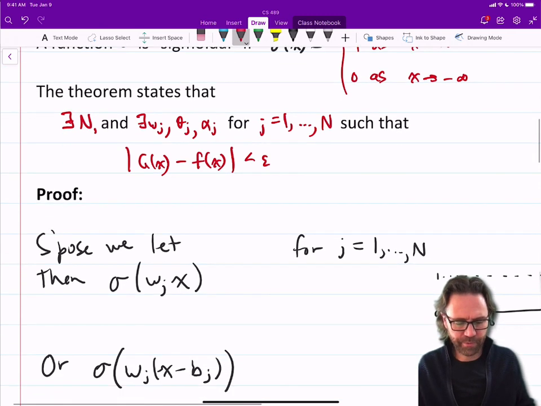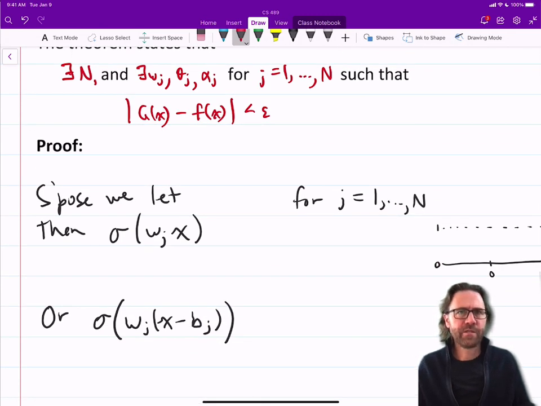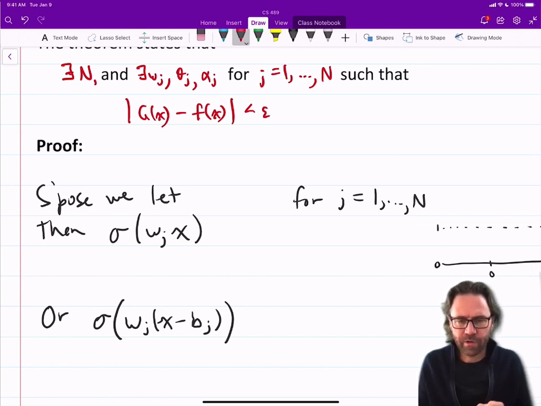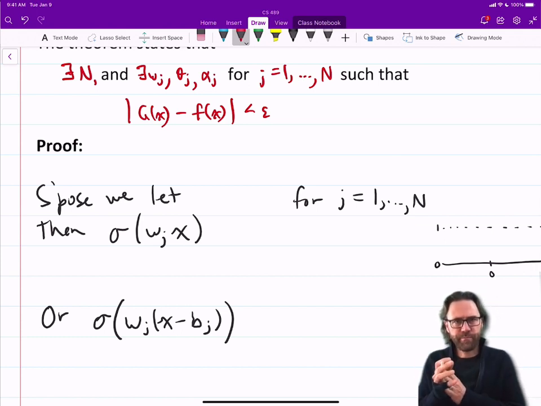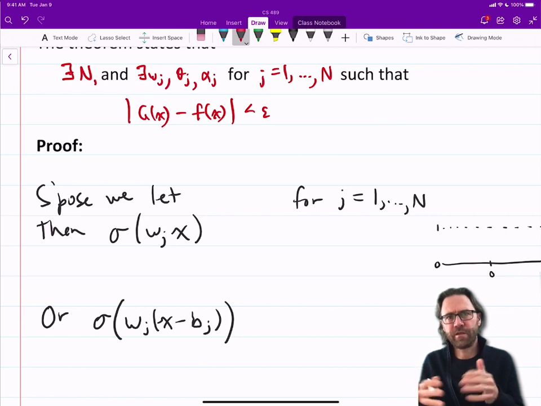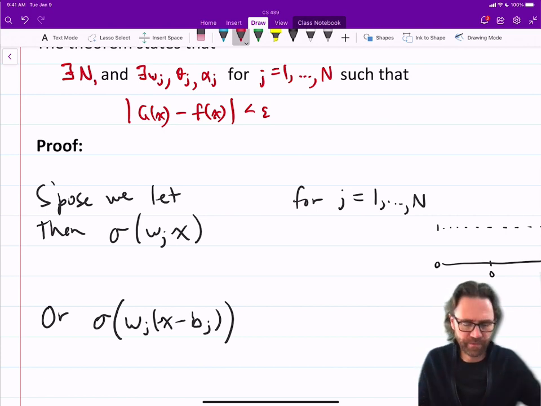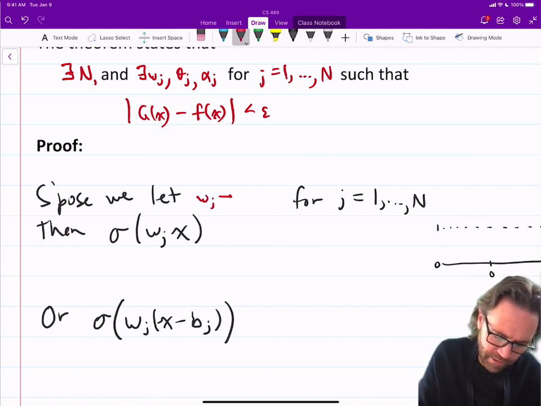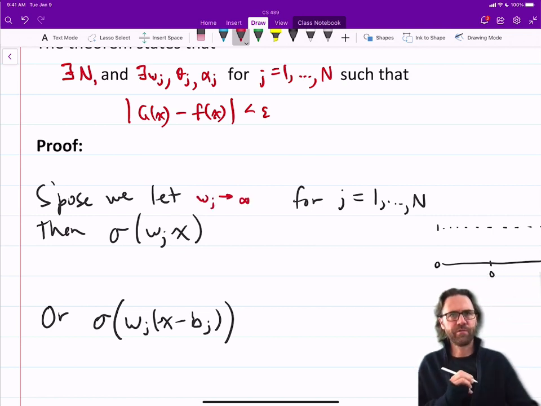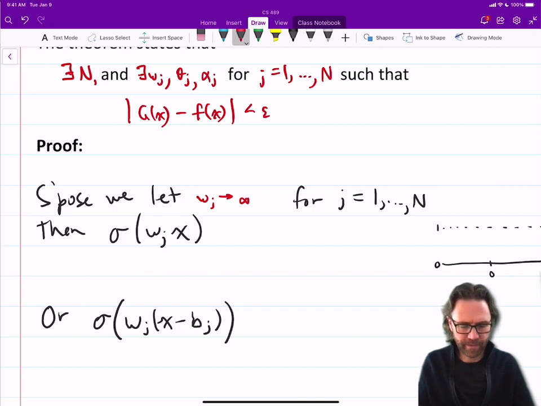So here's the proof. Suppose we let the weight w go to infinity. So we're going to simplify things and think of these sigmoid functions as just threshold functions or Heaviside step functions. To do that, we're going to let the weights go to infinity. All the weights will go to infinity.